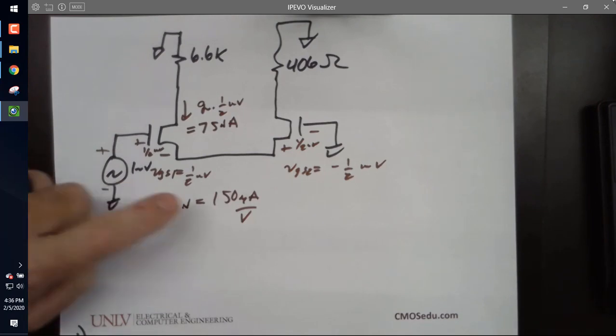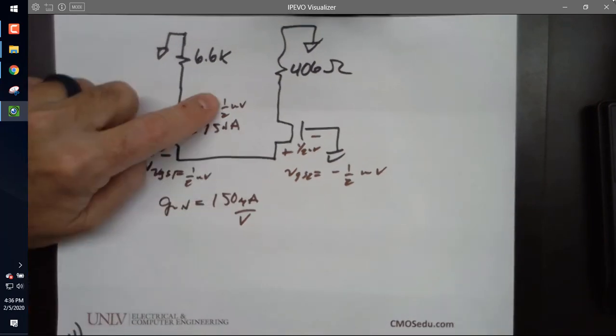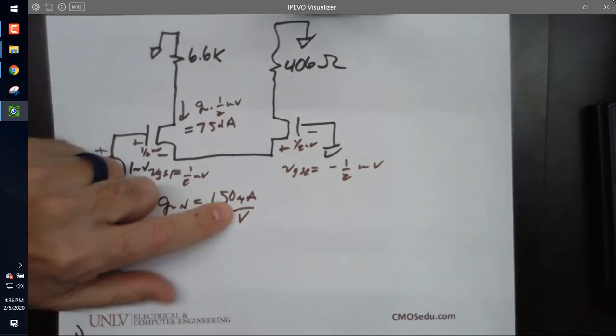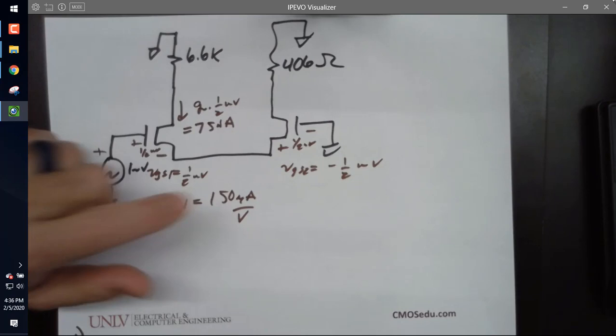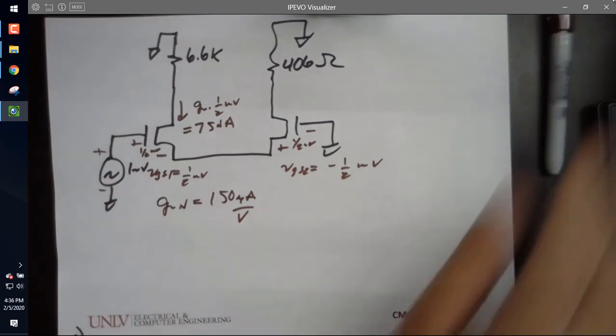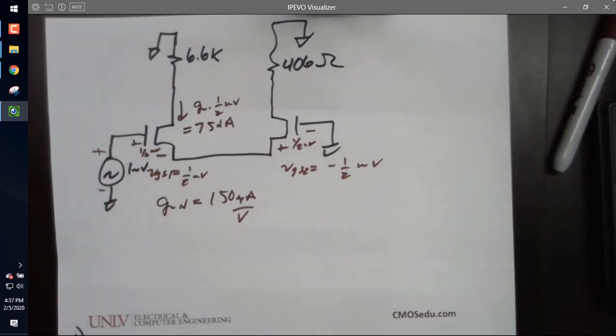It's the 150 micro times the 1/2 millivolt. Millivolt times micro gives me nano, and 1/2 times 150 gives me 75. Any questions?